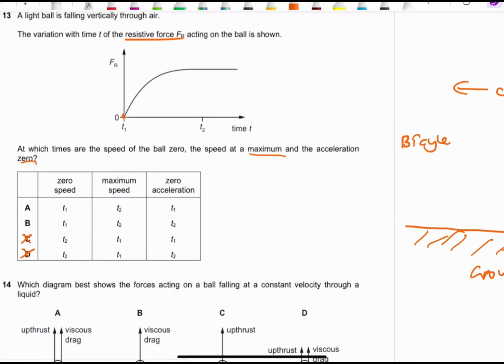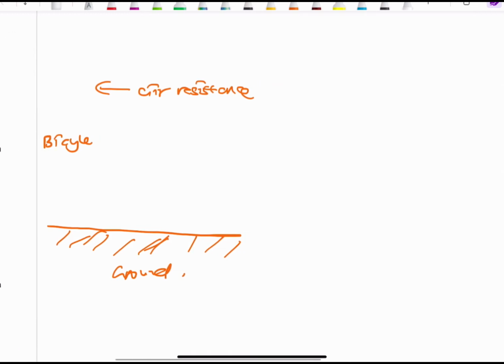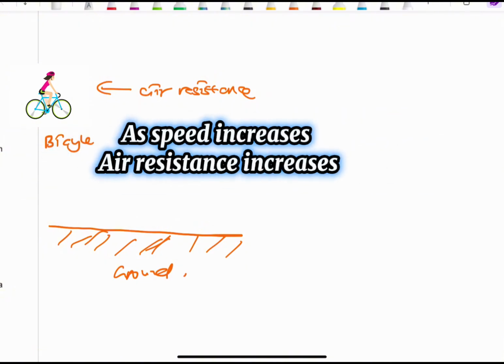But what about the maximum speed? The maximum speed occurs when the resistive forces are equal to the weight. That is where your speed will be maximum. Why? Because as you ride your bike, the wind keeps hitting you more and more, meaning that as you increase speed, the air resistance increases.